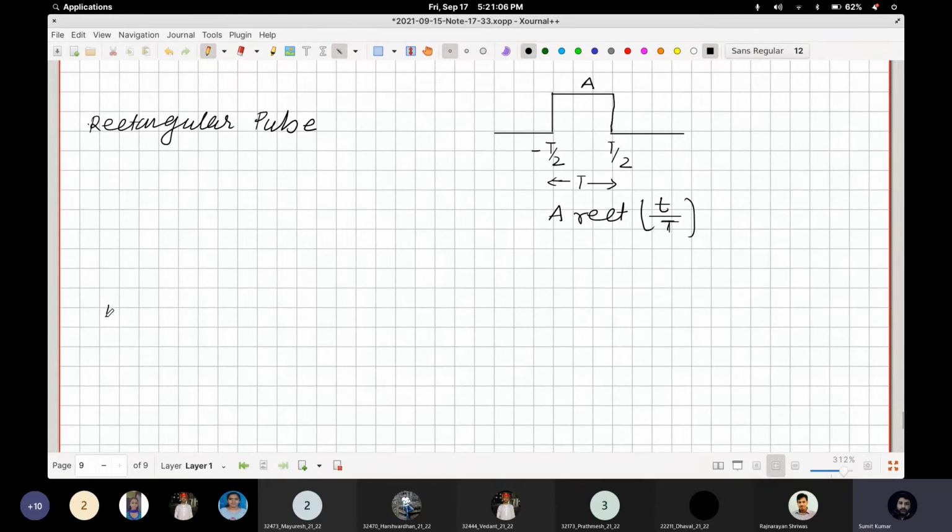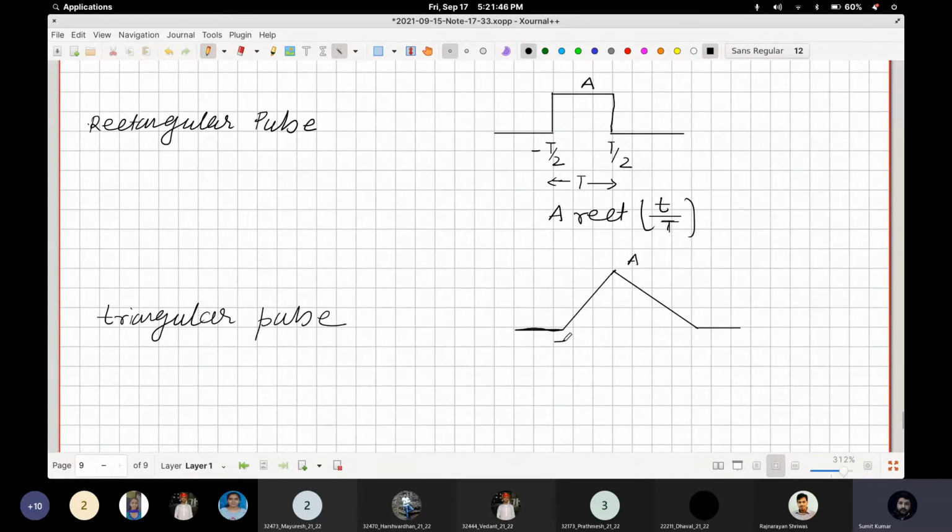Similarly, you have your triangular pulse, a symmetrical triangular pulse as well. And the triangular pulse is defined like this. Let me just do this. Okay. But you will see that whenever you get these functions, their definition will be given by GATE as well. Okay. They will not leave it to you, because this is not a standard definition of rectangle or triangle. Okay. Everybody defines them in their own way. So if GATE is asking you this question, it will also give the definition.